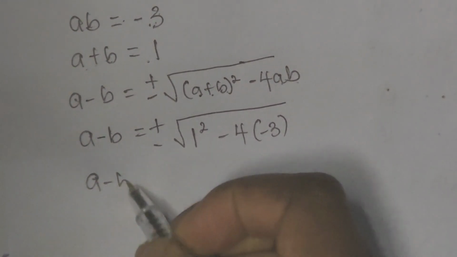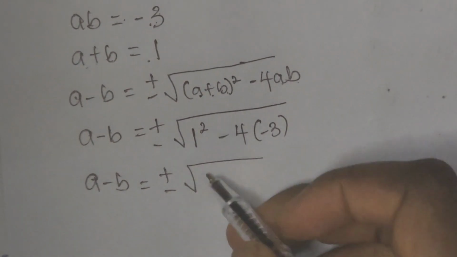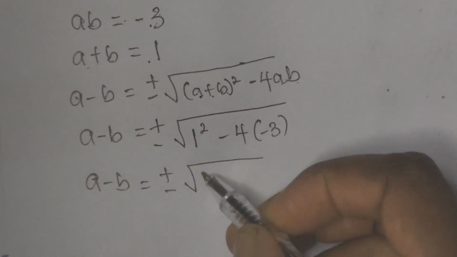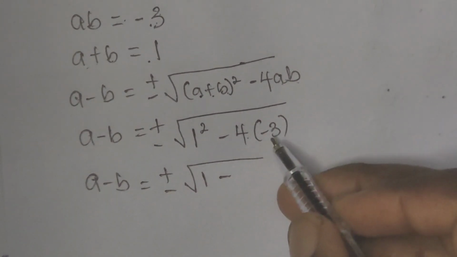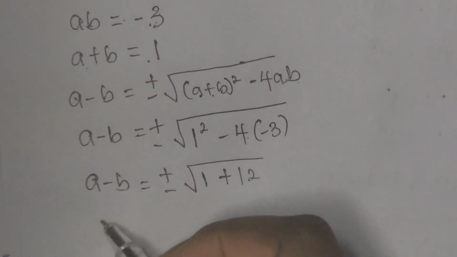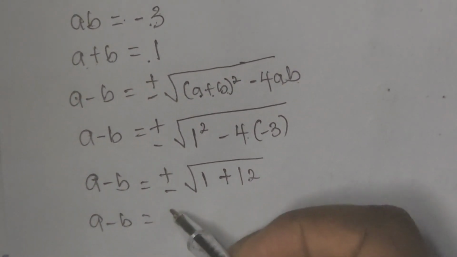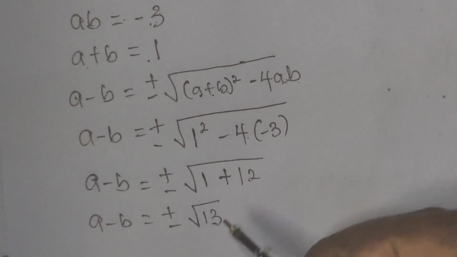So a minus b will be equal to plus or minus the square root of 1 to the power of 2, which is 1, minus 4 times minus 3, which is plus 12. So a minus b will be equal to plus or minus root 13.